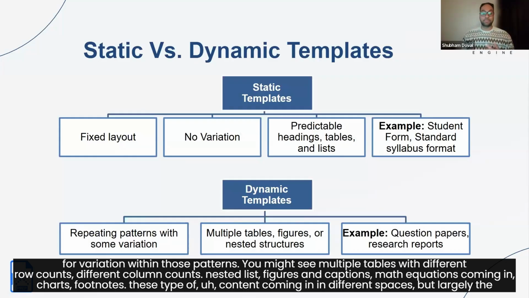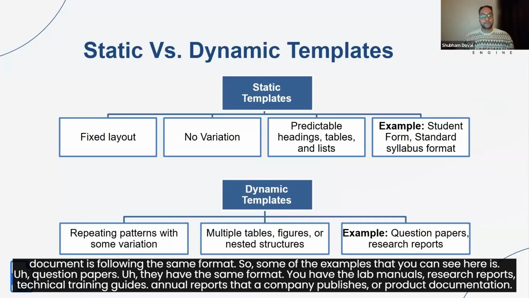You might see multiple tables with different row and column counts, nested lists, figures and captions, math equations, charts, footnotes, coming in different places, but largely the document follows the same format. Some examples are question papers. They have the same format.